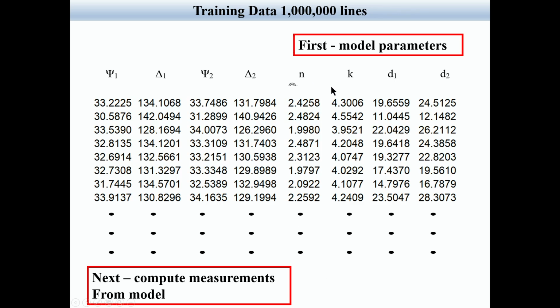From that idea, then we make a table, and this table is made up by first calculating N, K, D1, D2 as random numbers in a range and making columns of those. Then for each row, we look at the four numbers that describe the reflecting surface, two reflecting surfaces at the two different thicknesses, and then using a straight up calculation with Maxwell's equations and geometry and so on, we get psi1, delta 1, psi2, delta 2 that would correspond to that particular film and substrate combination.